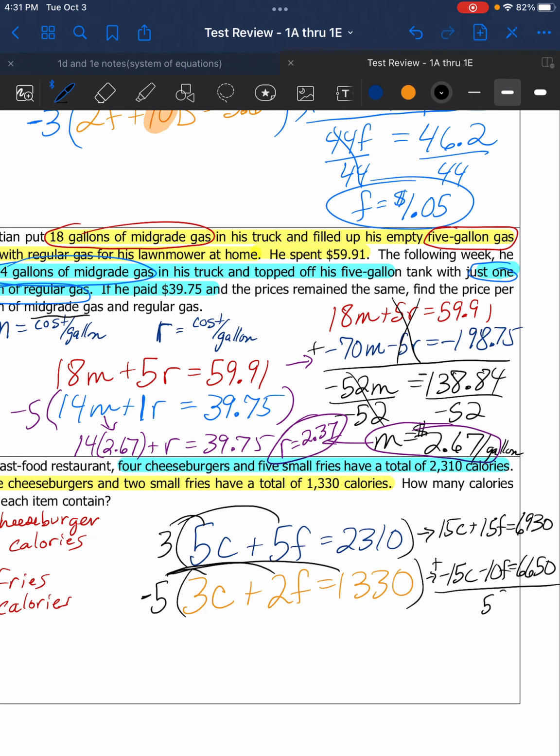Add vertically, and we get 5F equals, adding negative 6650, 280. Divide by 5, and we get each fry is 56. That is not right.